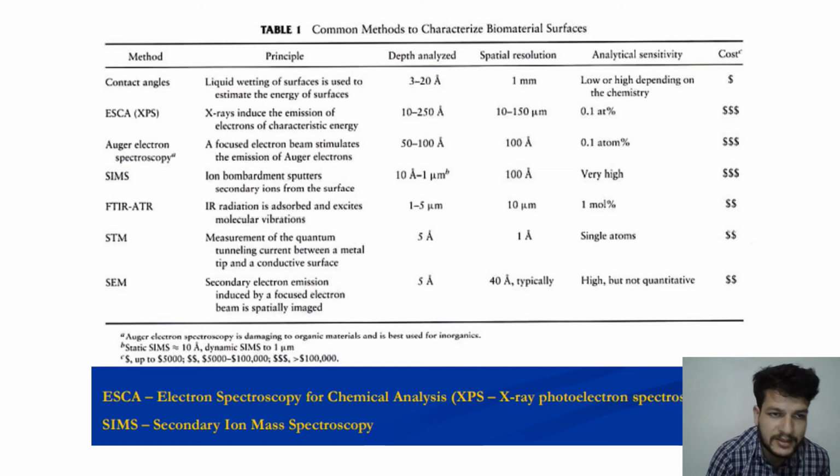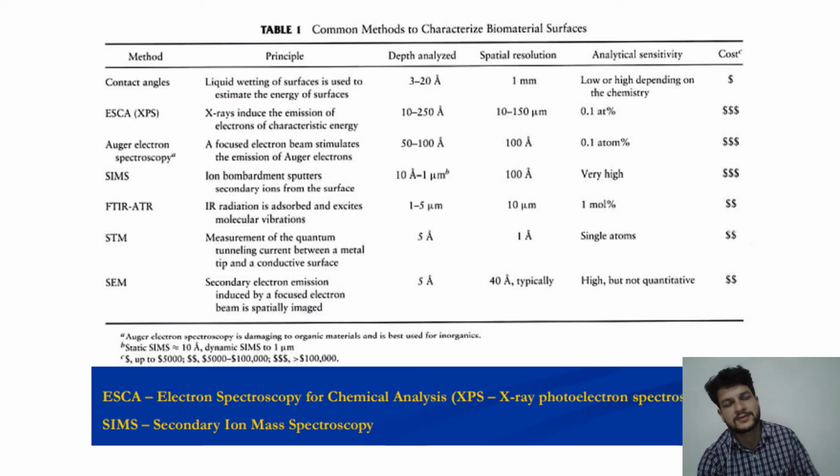The second method is ESCA, electron spectroscopy for chemical analysis. In this case, an X-ray beam is bombarded on the surface. The X-ray beam induces the emission of electrons with characteristic energy, and this characteristic energy of the electrons is measured to analyze the surfaces.